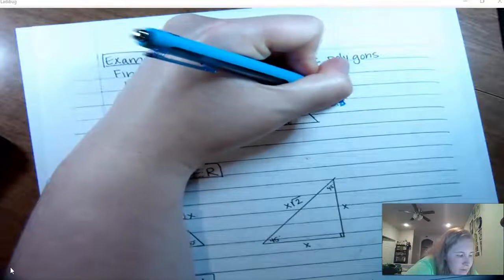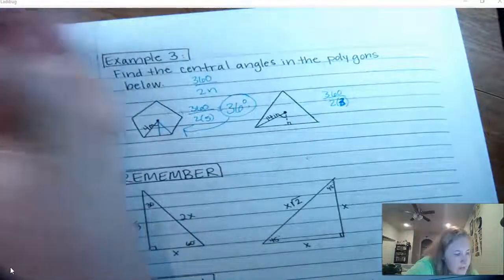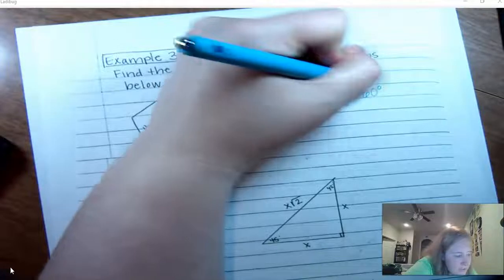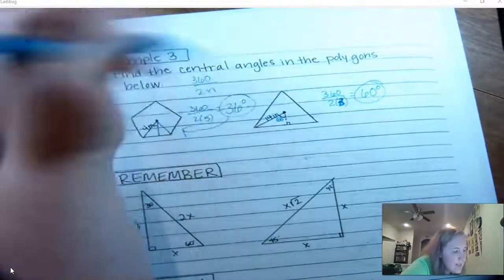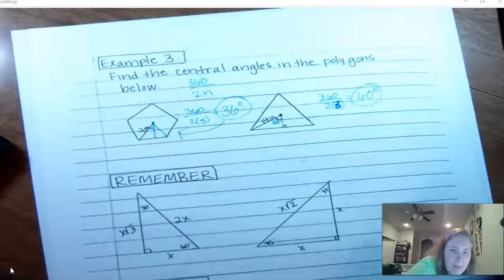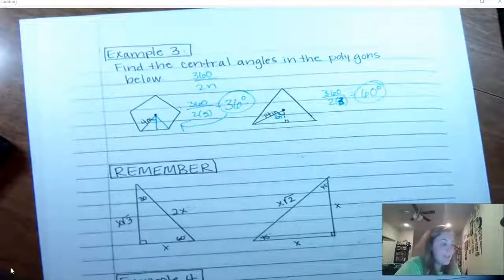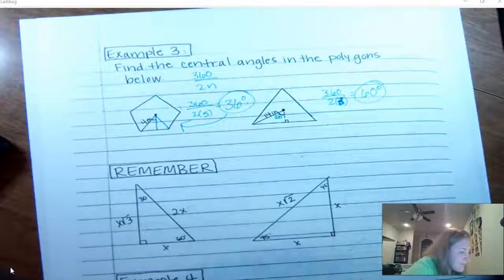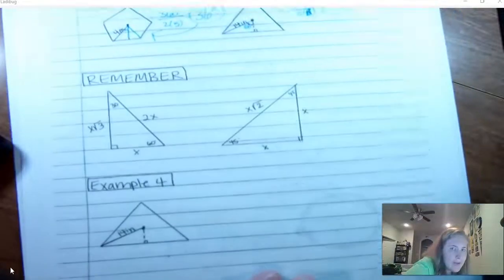I'll just go ahead and write 3 in. And that would be 60 degrees. So that is that central angle. Okay? And yes, we will be using these right now. So I just wanted to make sure you knew how to solve for those.